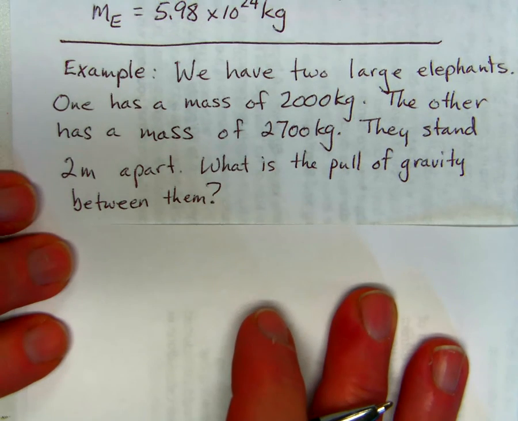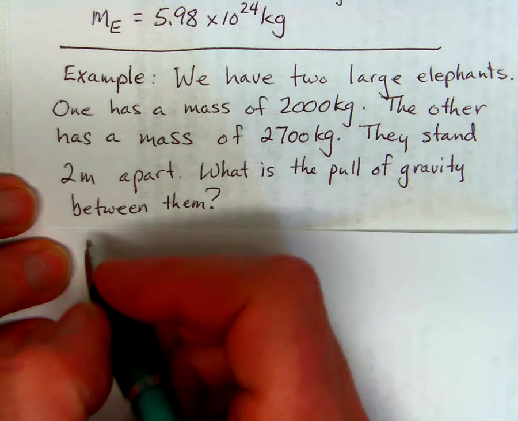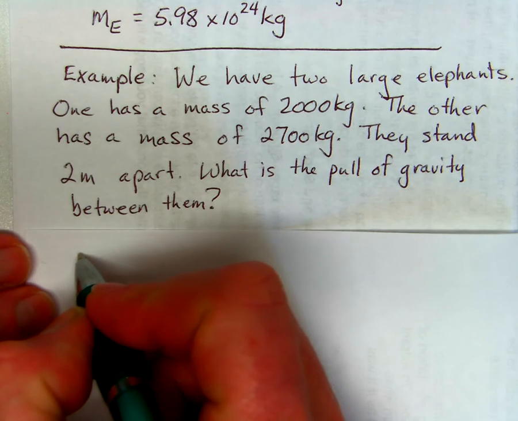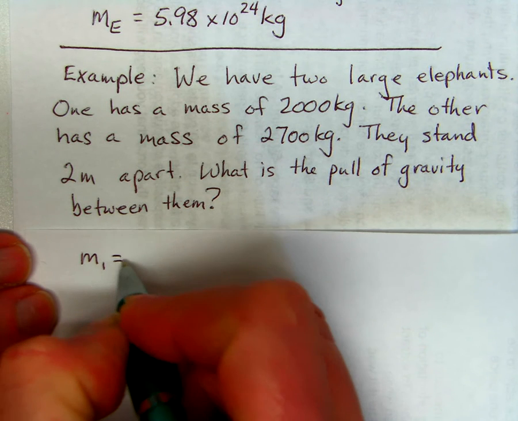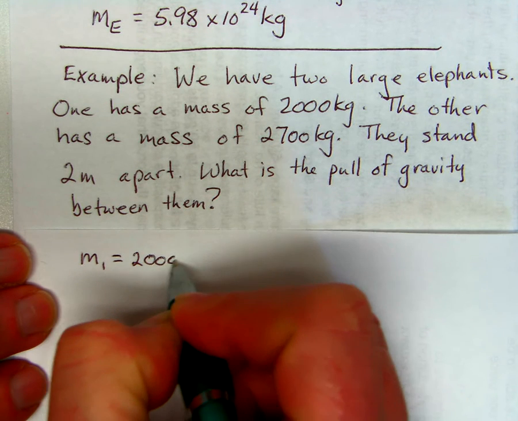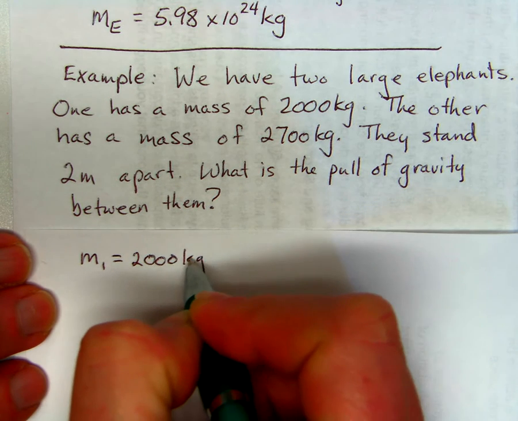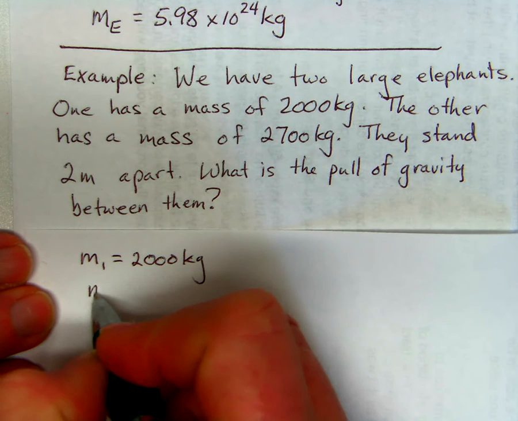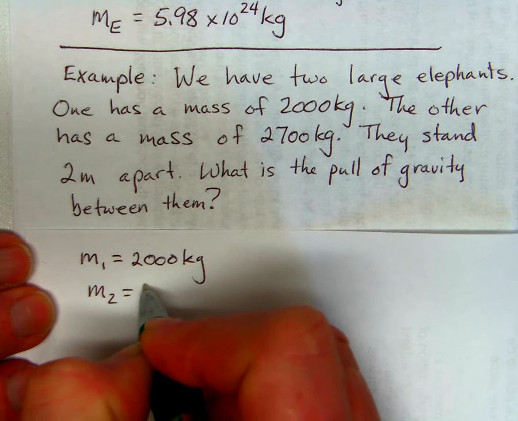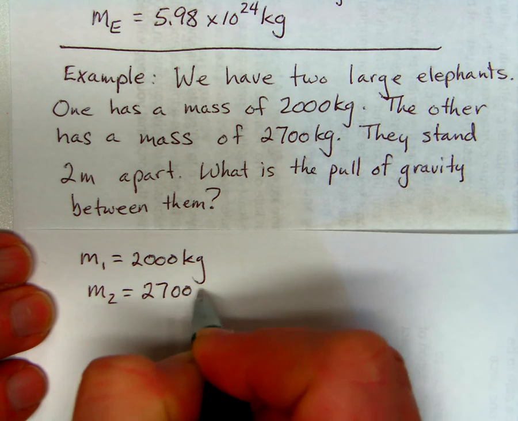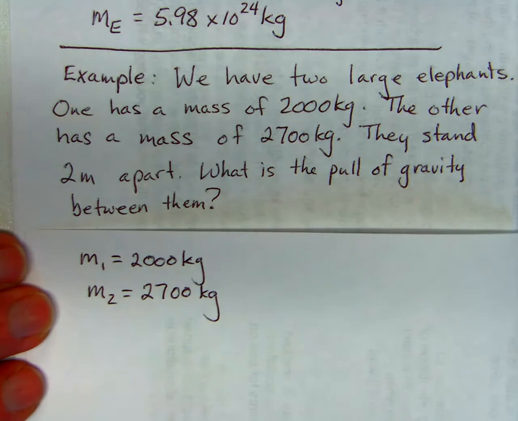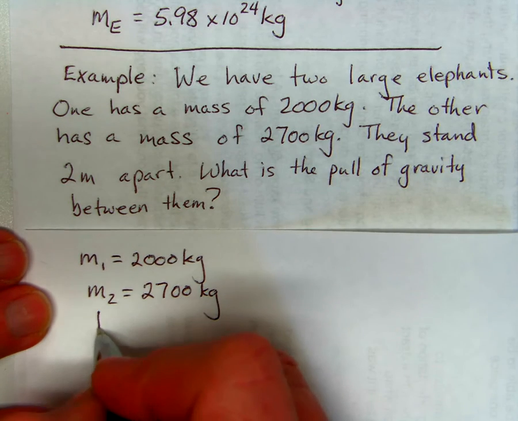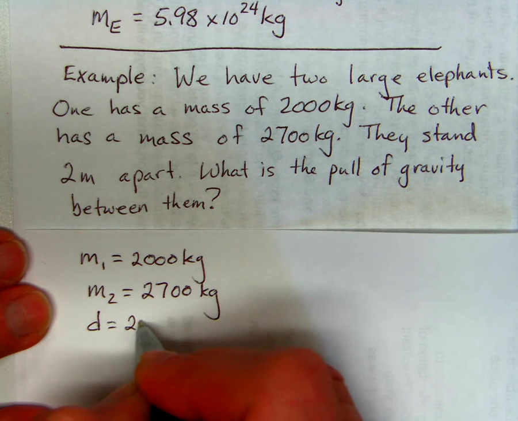All right. So we have several things here. We've got mass 1, that's 2,000 kilograms. We have mass 2, which is 2,700 kilograms. And then we have the distance, which is 2 meters.